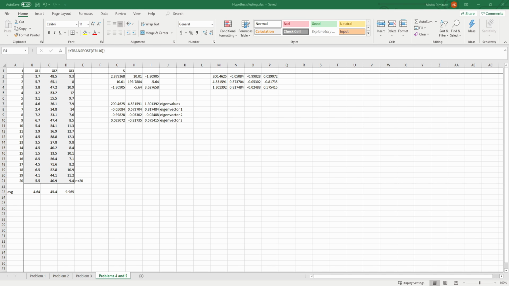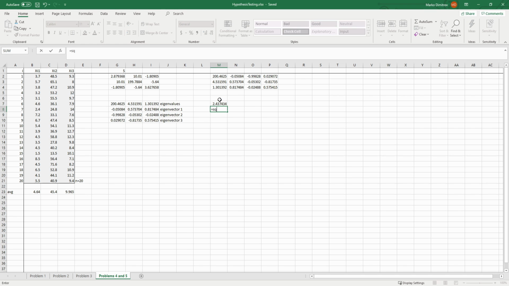To find our constant c, we need to compute first our Fisher value, the same way as we did for testing. So let's go like this, 0.1. So p is 3, n minus p, 20 minus 3, 17. So we get 2.437. This is our F p, n minus p, alpha.